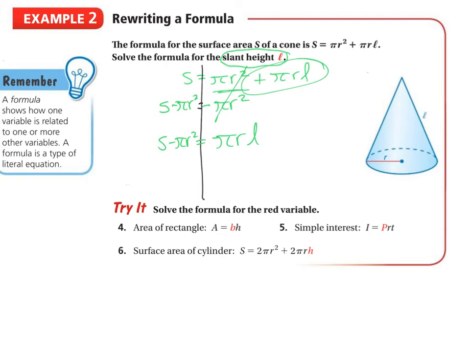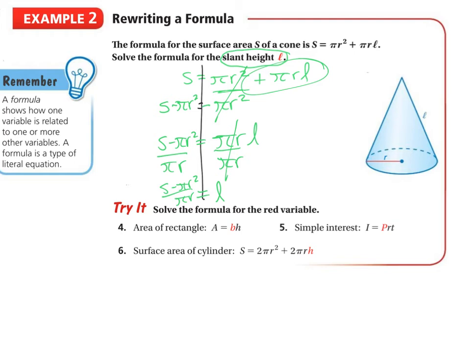And now I just need to get rid of the πr. Because this is pi times r times L on the right side, and I want L by itself, I can just divide by pi and r. These cancel out, and I'm left with L is equal to S minus πr² over πr.